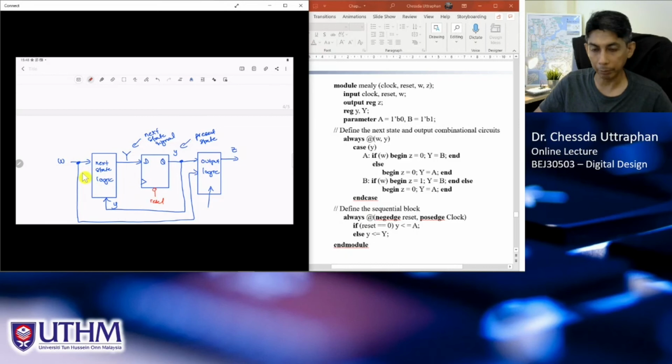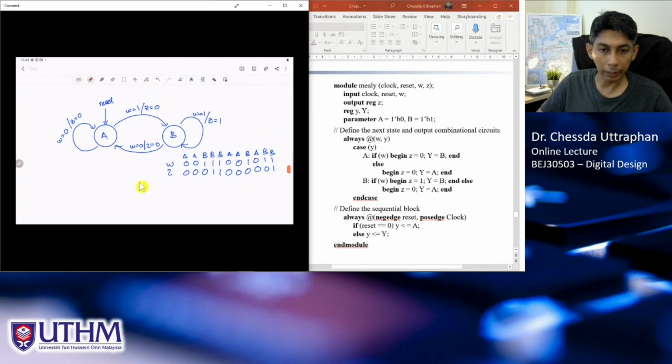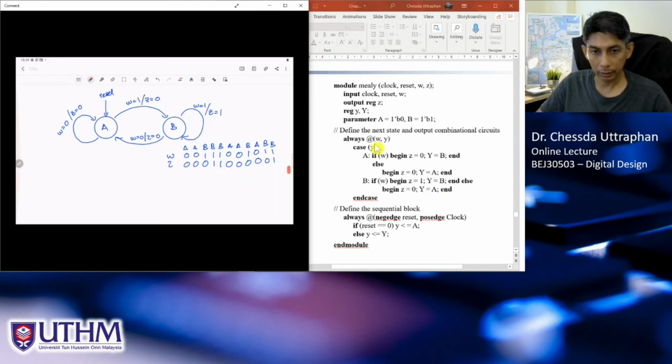And the difference is the number of inputs and the number of outputs, right? And if we have this, and also we have the state diagram here, we can easily describe or derive the Verilog code for this. Okay, so from that, we also now can write the Verilog code.